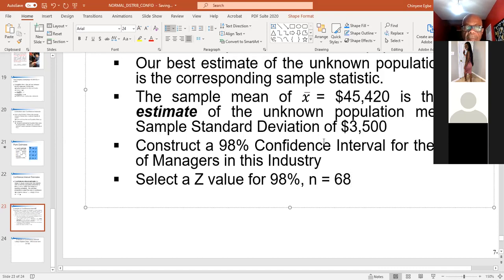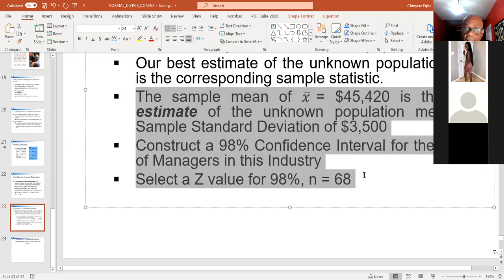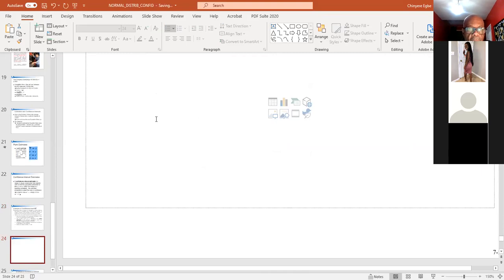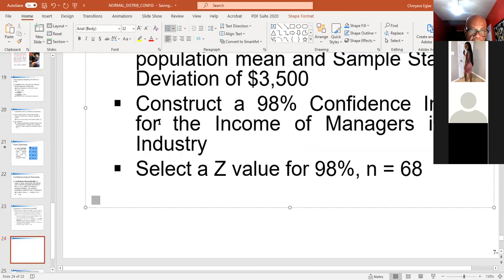So what is going to be the confidence interval? I'm going to create another box. I'm going to edit this.